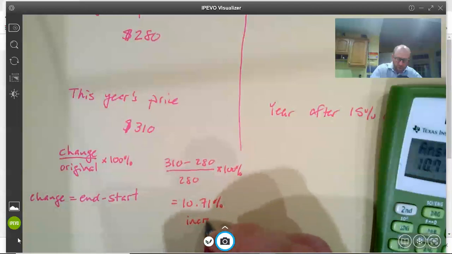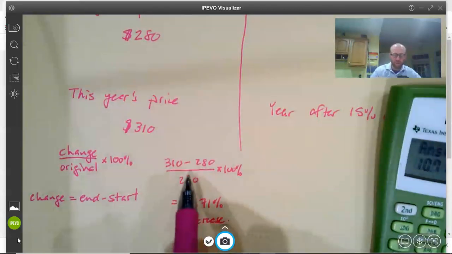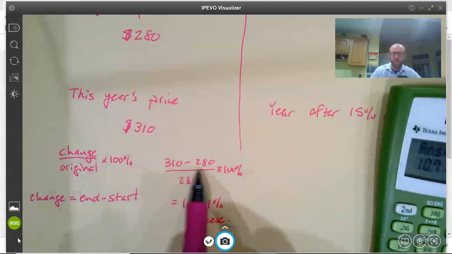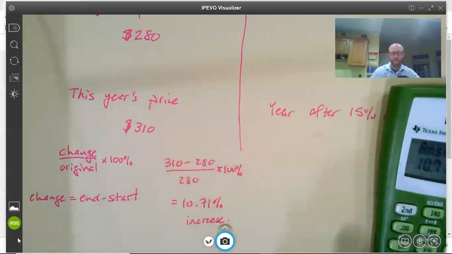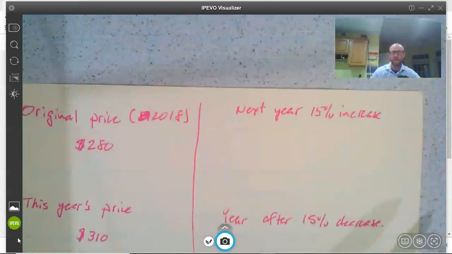And because it's a positive number, that's an increase. If we had a negative number, that would be a decrease. So if the price had gone down, and the end price was smaller than the old price, then we would end up with a smaller number minus a bigger number, and this would end up being a negative percentage.